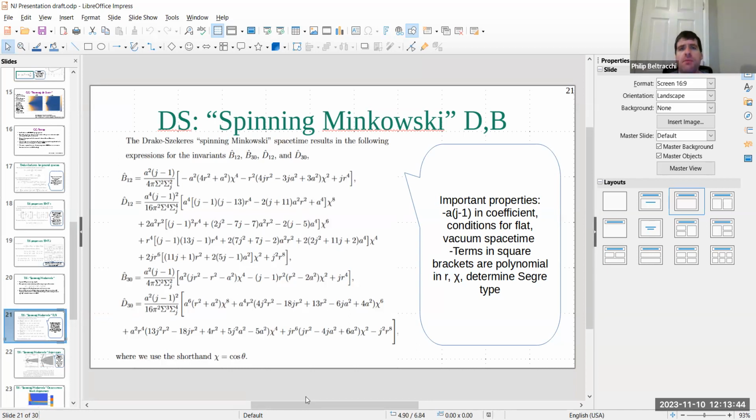No, Segre type is more general than that.